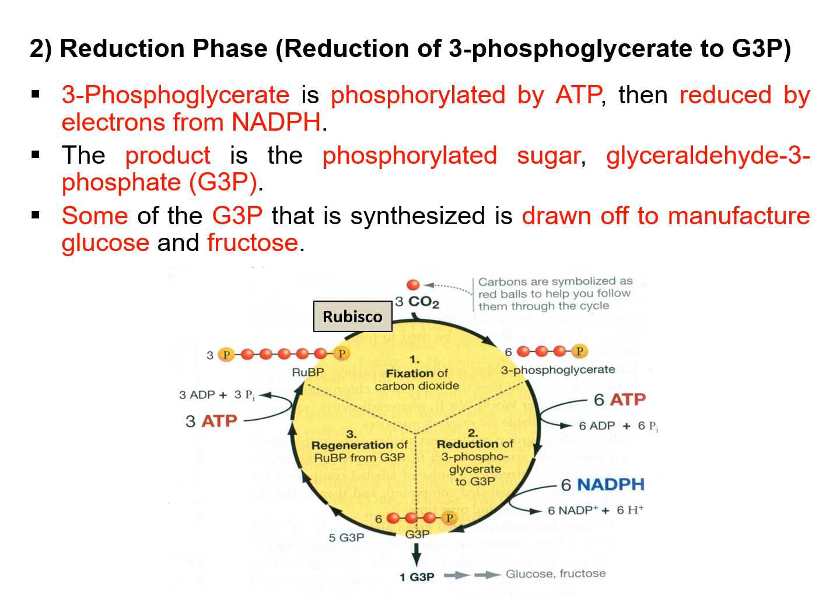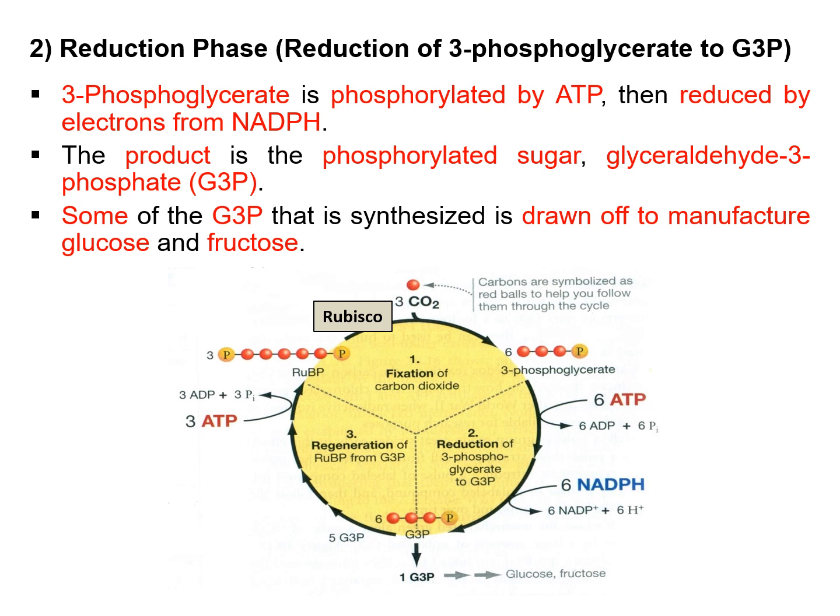I repeat again, in the reduction phase, it is a phase where 3-phosphoglycerate, a product of fixation, is reduced into glyceraldehyde 3-phosphate. And this 3-phosphoglycerate, which was initially a product of fixation, will be phosphorylated by ATP and reduced by electrons from NADPH.